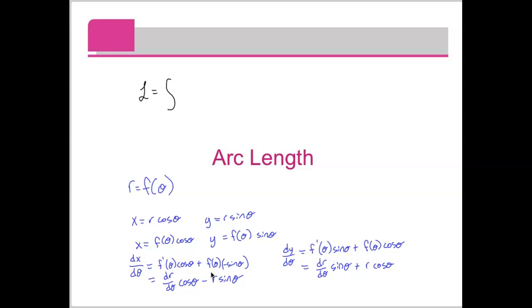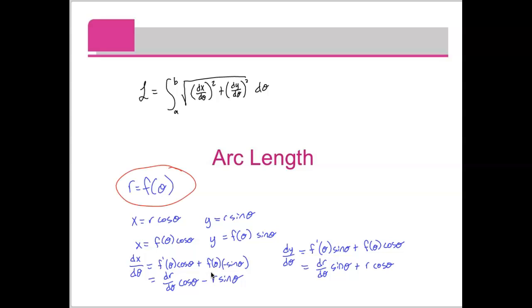We defined arc length in parametric form as the integral from a to b. If theta is our parameter, it's going to be the square root of dx d theta squared plus dy d theta squared d theta. That's just from our arc length formula for a parametric equation. But I'm going to get this back to terms of r. So I want to be able to integrate it as a polar function like I have here.